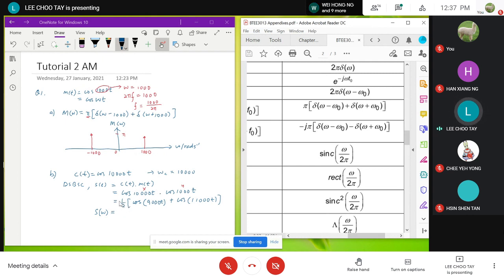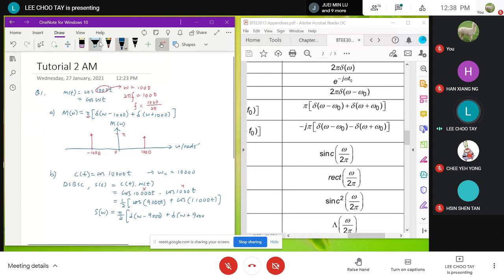Because the amplitude of s(t) is half, when I convert into the frequency domain in omega, it becomes pi over 2. So that will be pi over 2, cos of 9,000 t. That means my omega naught is 9,000, so what I have is delta omega minus 9,000 plus delta omega plus 9,000.